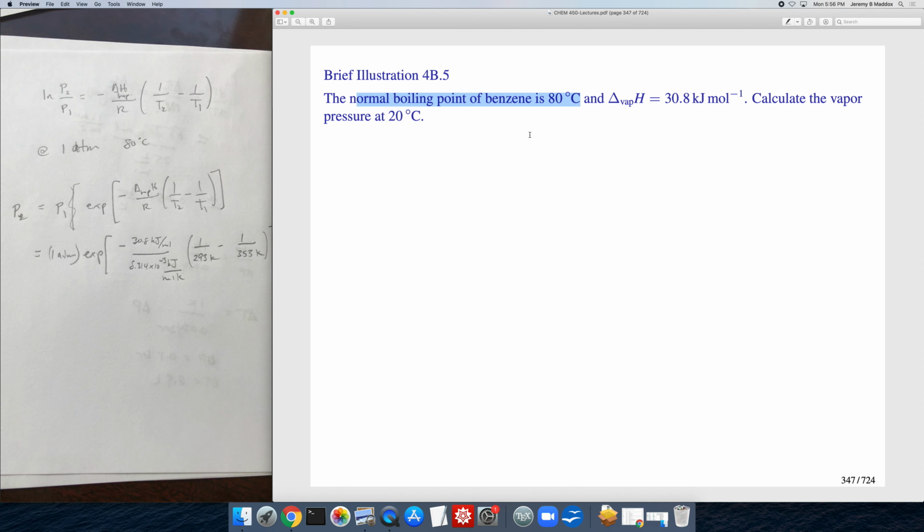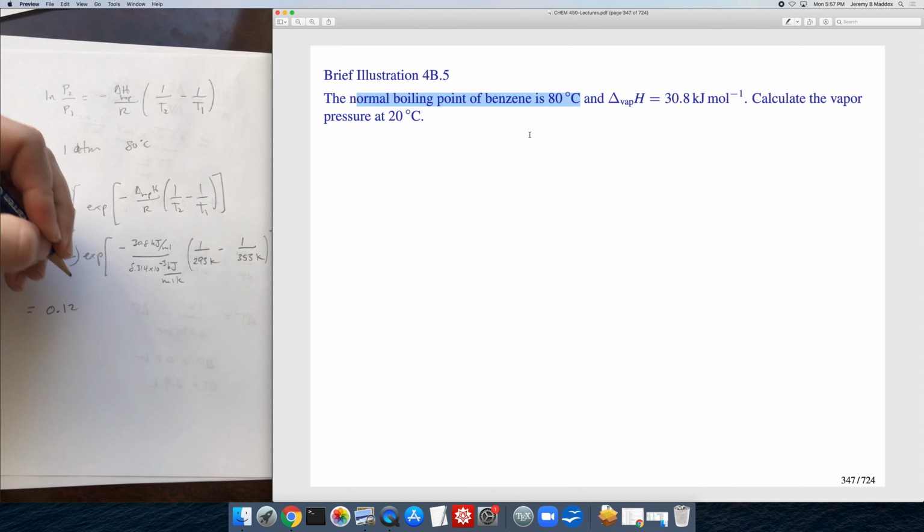Don't forget the negative sign. Take the anti-logarithm, multiply by 1 atmosphere, and I'm getting 0.12 atm.